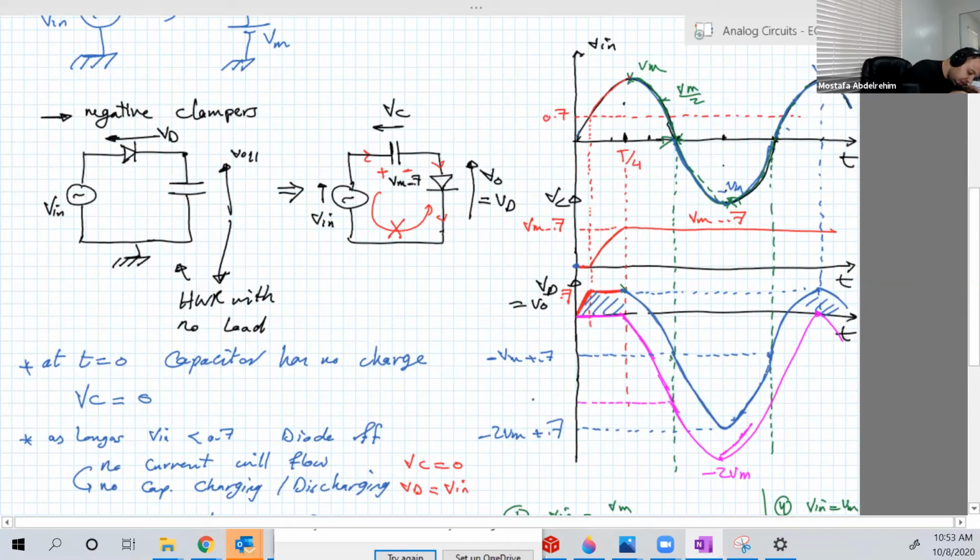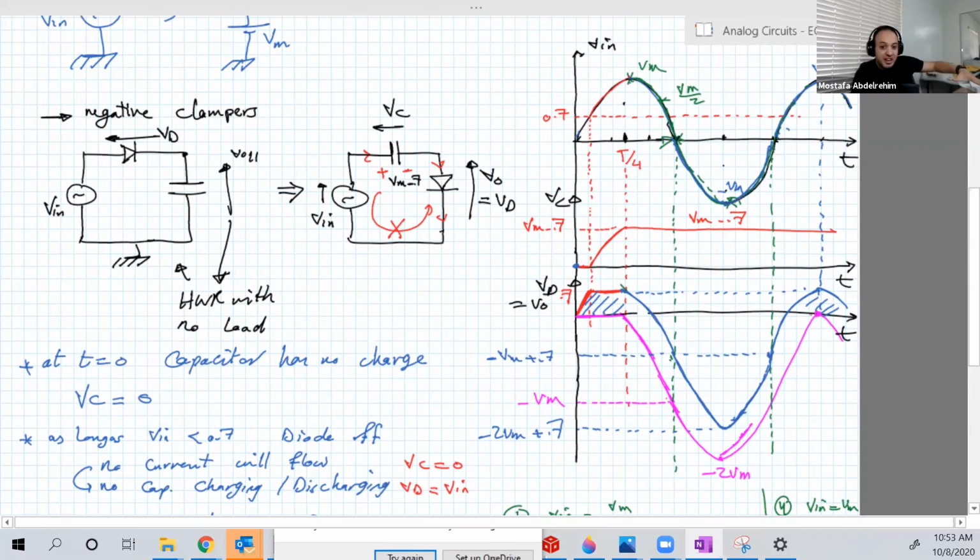It's really bad. I'm very sorry. So, okay. You guys got the idea. My sketch is bad, you know. So this is minus 2 Vmax. This is minus Vmax. And this is 0.